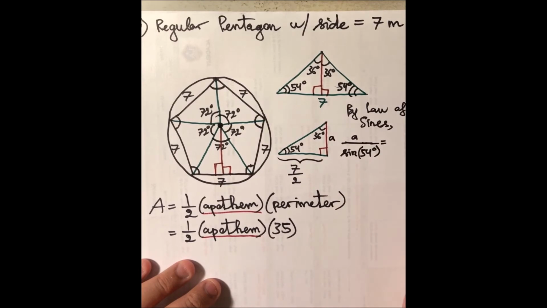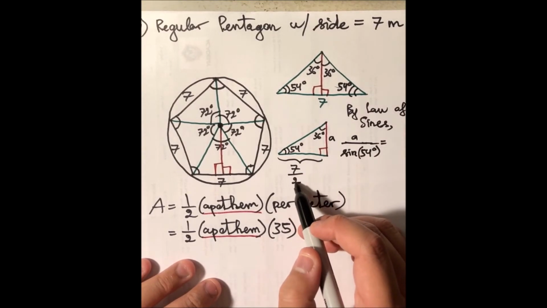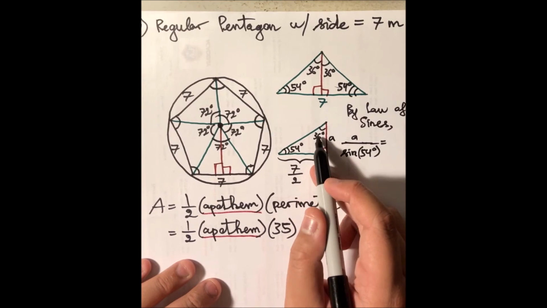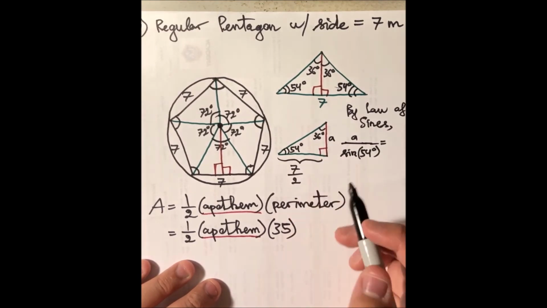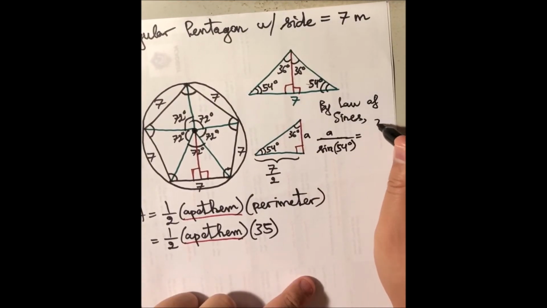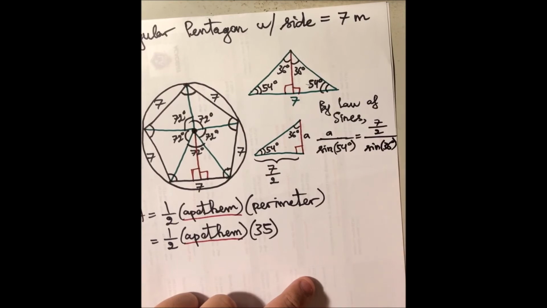And we set it equal to the same ratio, but with different components. I'm going to set it equal to 7/2 divided by the sine of the angle that is opposite to 7/2, which is 36. So we got 7/2 divided by sine of 36 degrees, like that.